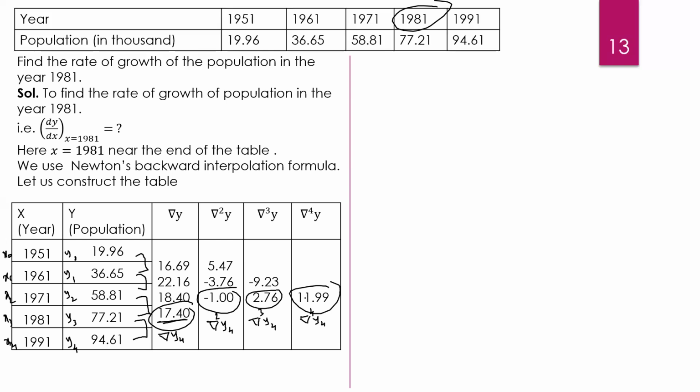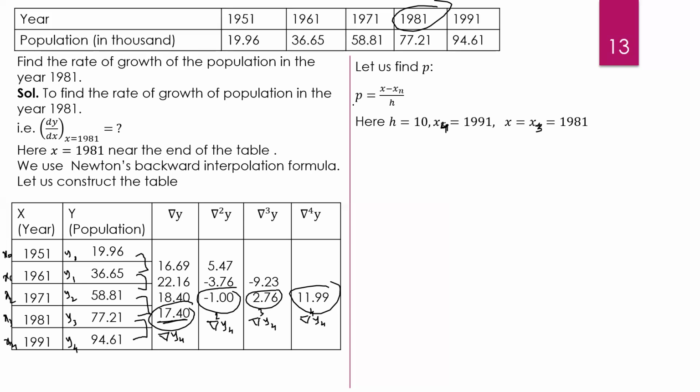Now here, the step size h is equal to 10. The last value is x4, and the question is for x3, which is equal to 1981.